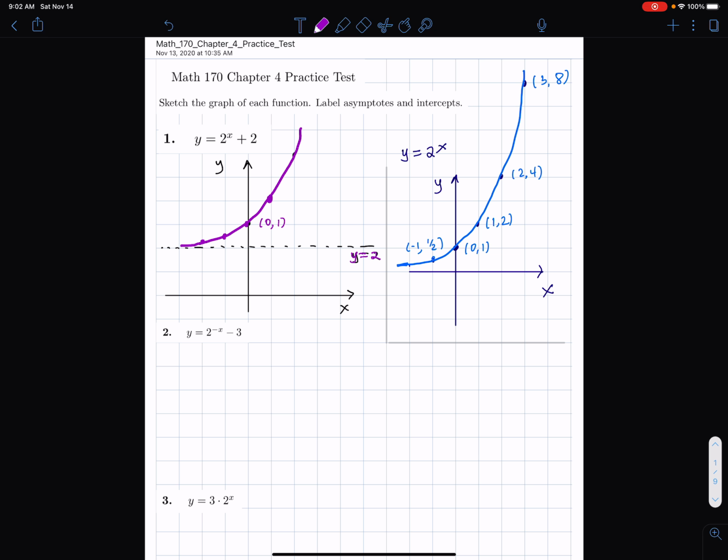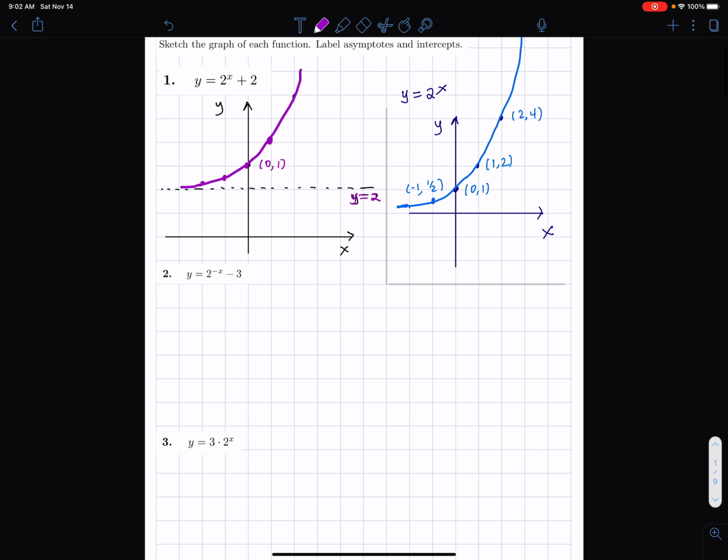As long as the base is greater than 1, whether it's 2 to the x or 5 to the x, it's going to be increasing. It's going to have the same horizontal asymptote, y equals 2, and the same intercept, 0, 1. Now, let's do a little side deal here with y equals 2 to the negative x.